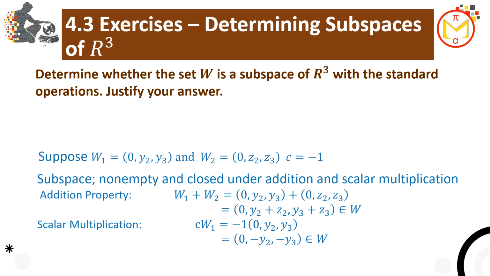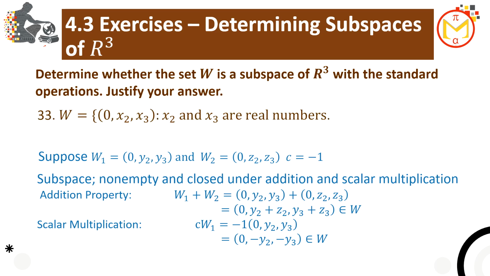Another one, R cubed, with the standard operations. So this one, 0, x sub 2, x sub 3. Standard operation, no? Alright, so let us consider the addition. If we add, then we'll always have this form, because this one is 0.